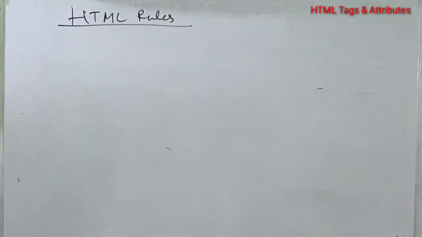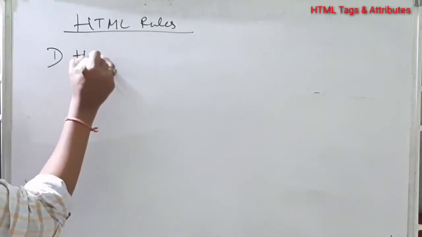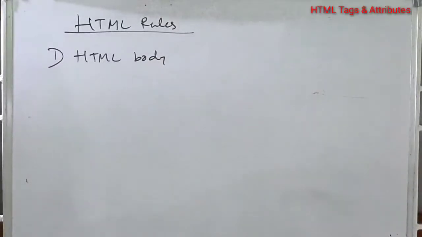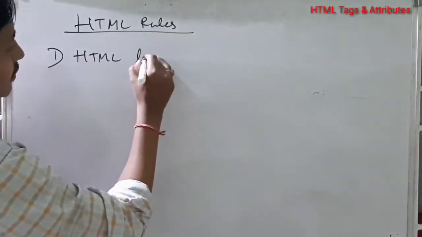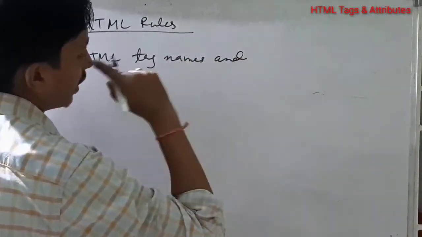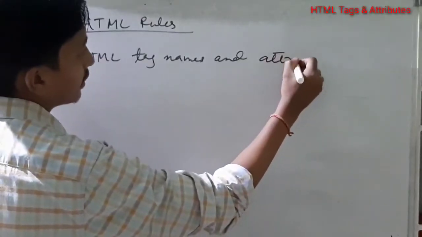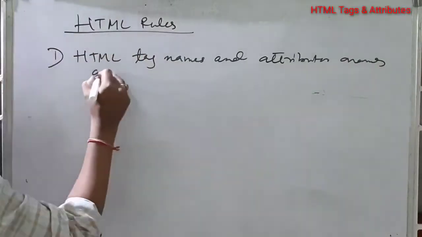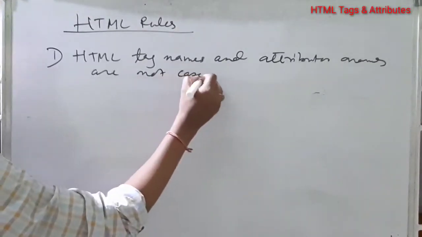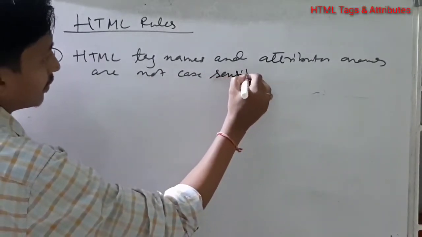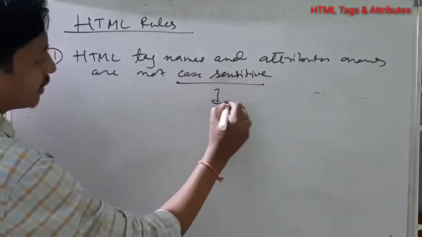HTML rules. The first rule is that HTML tag names and attribute names are not case sensitive. So case sensitive means what?